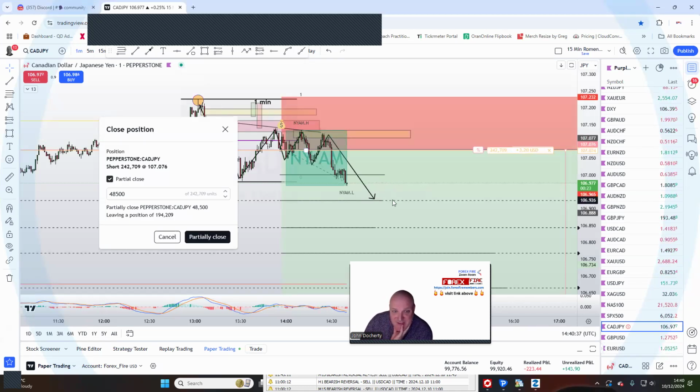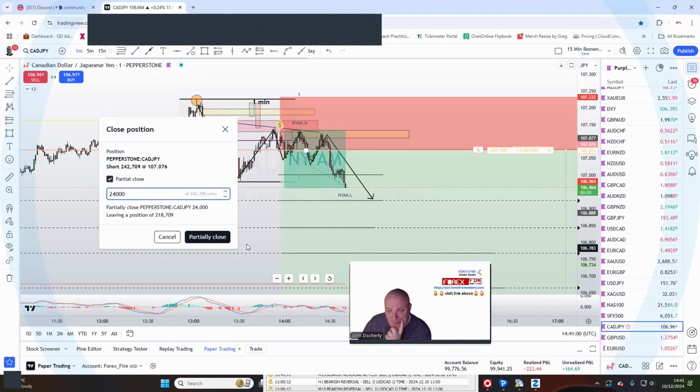So if I enter this, I'll take a partial off. And in fact, what we'll do is take the partials down to 2,400 a position now, if we do come into these areas, just so it's leaving a bit more on the table for us.